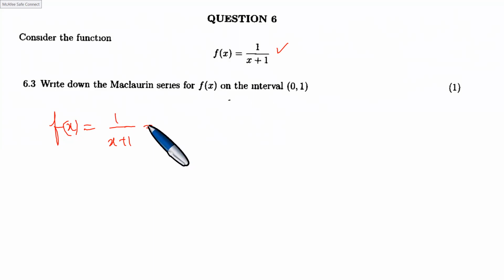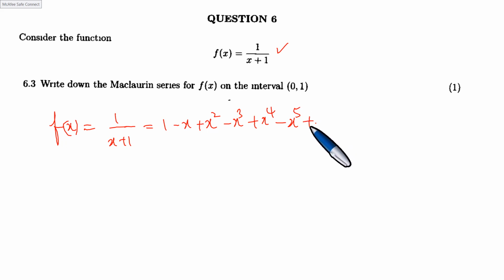Because we wrote this function as 1 minus x plus x squared minus x cubed plus x to the fourth, and we can continue with the pattern. After the negative is plus, so there's that alternation.